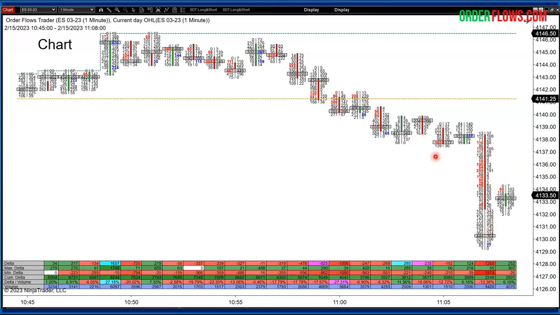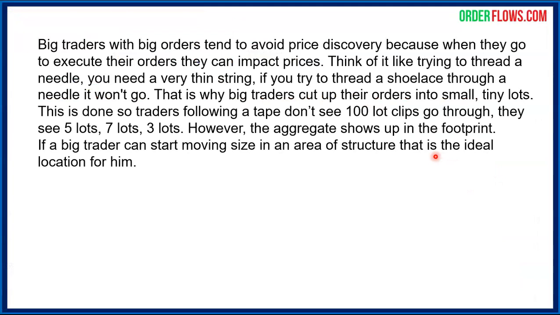Now, big traders with big orders tend to avoid price discovery because when they go to execute their orders, they can impact prices. Think of it like trying to thread a needle. You need a very thin string. If you try to thread a needle with a shoelace, it's not going to fit. And that's why big traders cut up their orders into small, tiny lots.